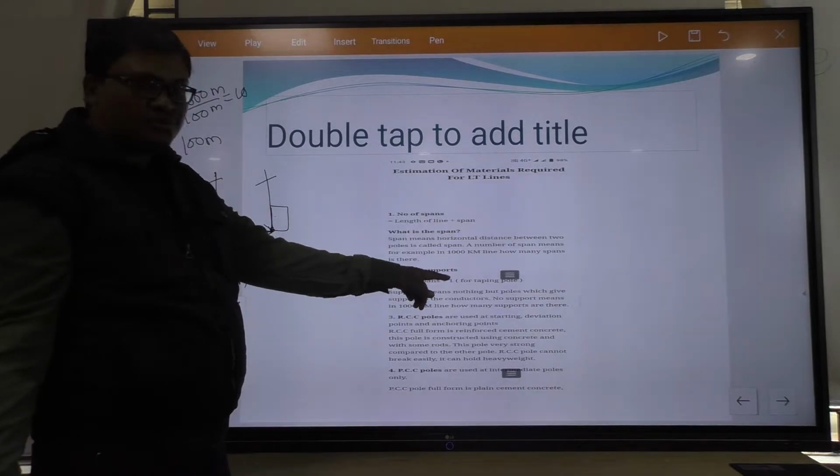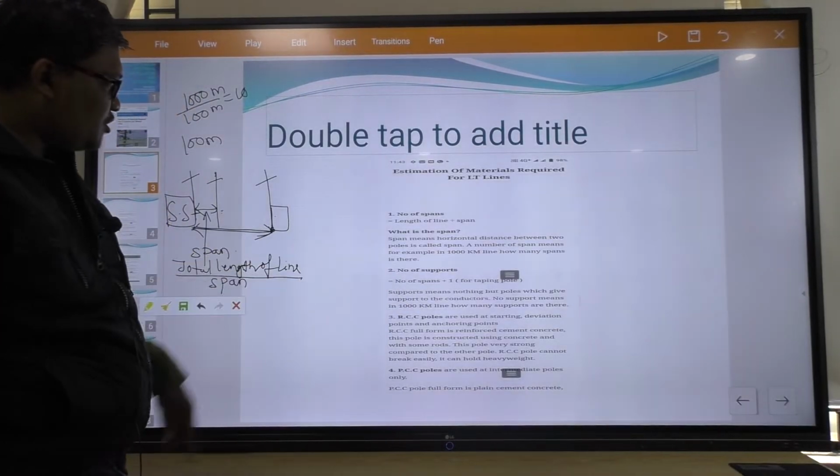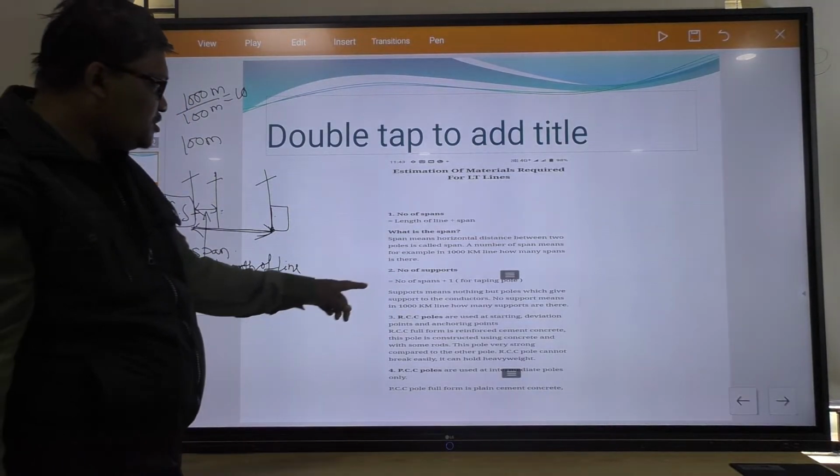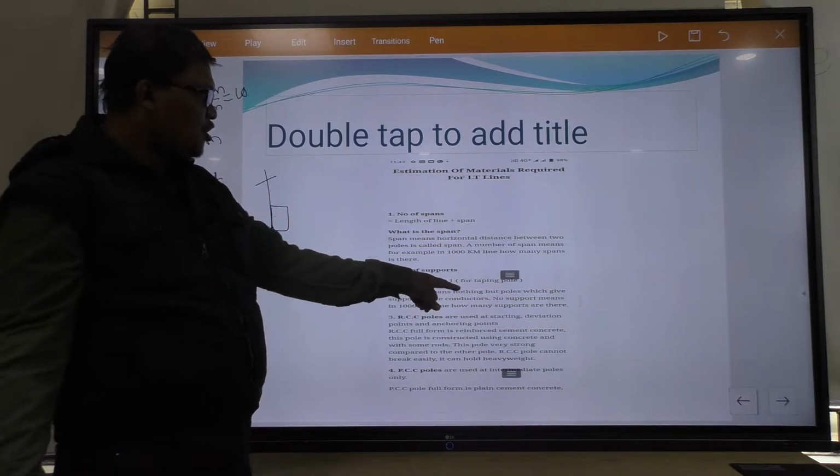Next comes the number of supports. Number of supports is equal to number of spans plus 1.